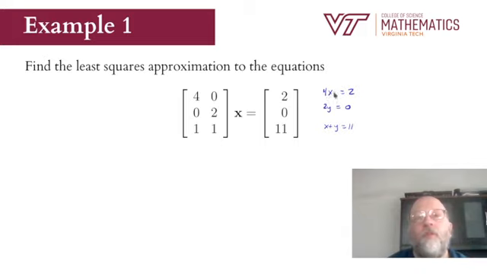If 4x equals 2, then x equals 1/2, and y equals 0, and 1/2 plus 0 definitely doesn't equal 11. So I cannot make all three equations true, and there is no solution.